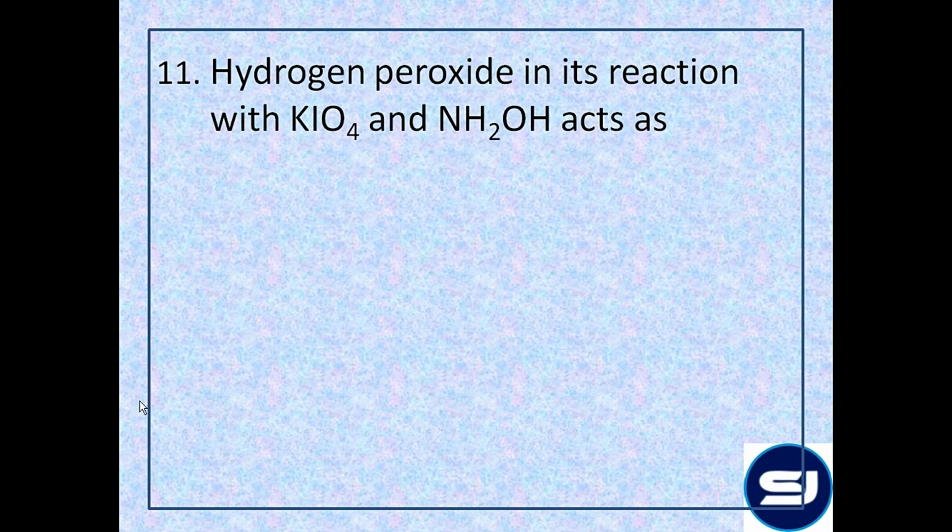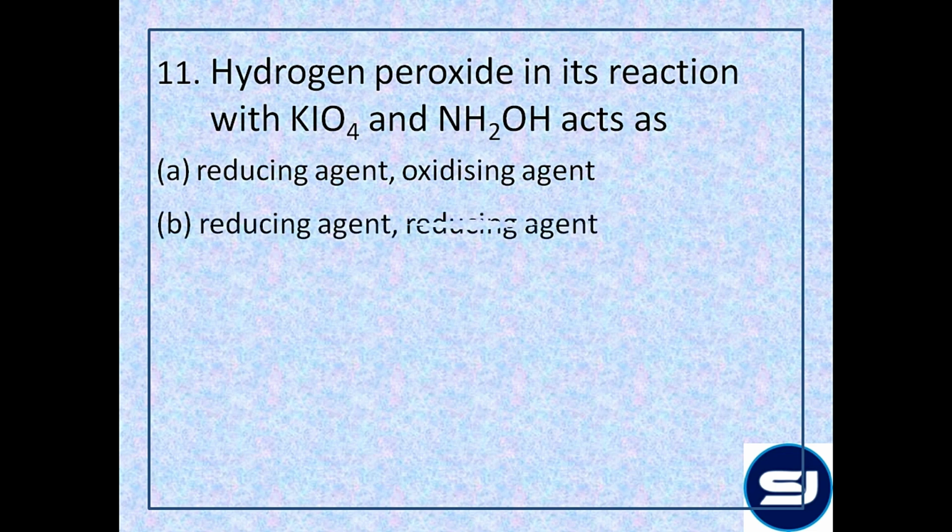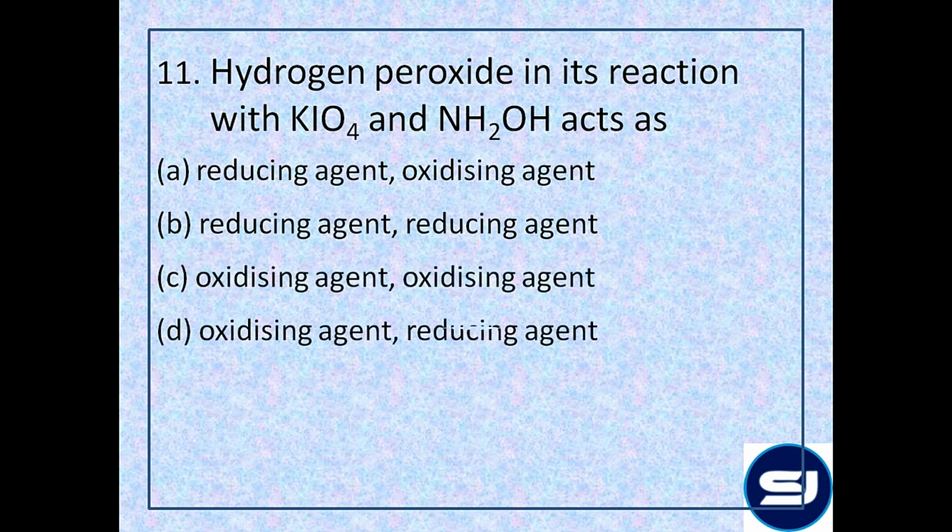Next question. Hydrogen peroxide in its reaction with KIO4, that is potassium periodate, and NH2OH, that is hydroxylamine, acts as reducing, oxidizing agent, reducing, reducing, oxidizing, or oxidizing, reducing agent respectively. Now let's look at the reaction.